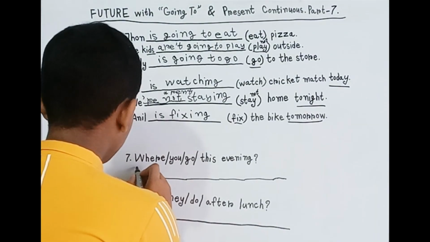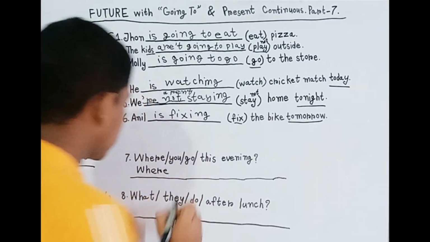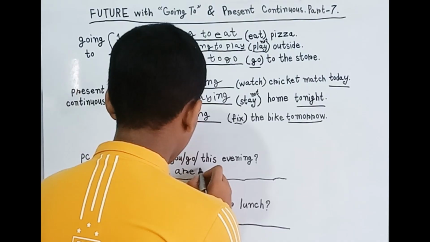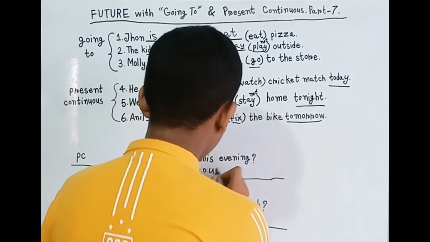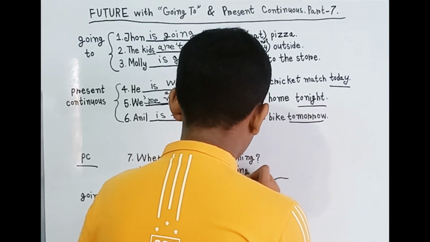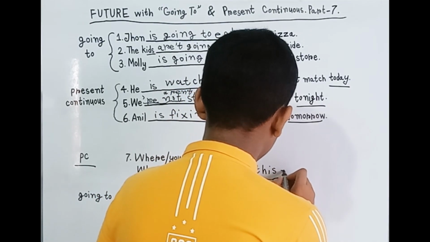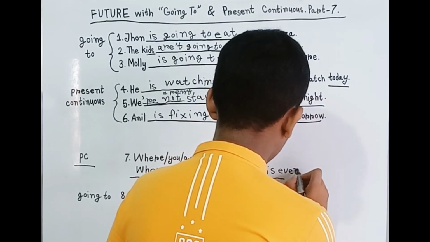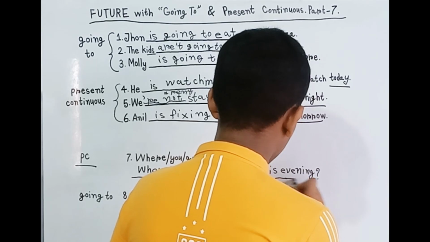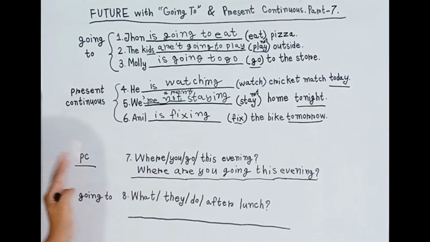We can write the same where, then we can add are you going this evening. Okay, so where are you going this evening? It becomes the present continuous.